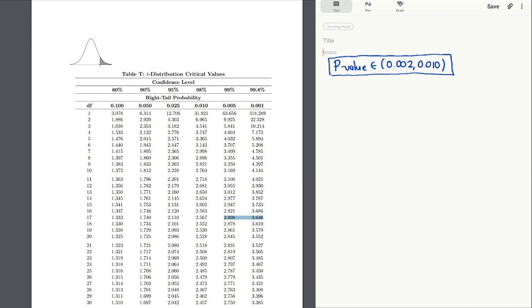Okay, so we're given that the p-value is somewhere between 0.002 and 0.01.